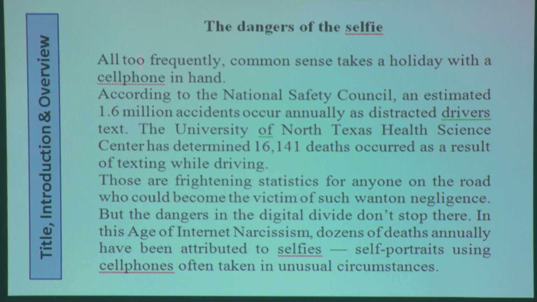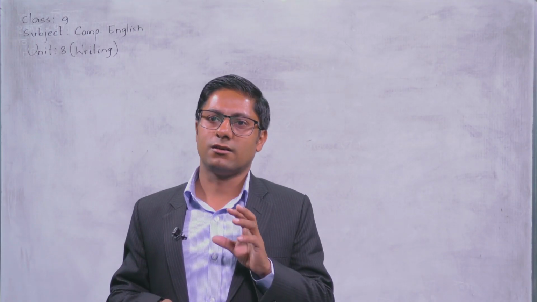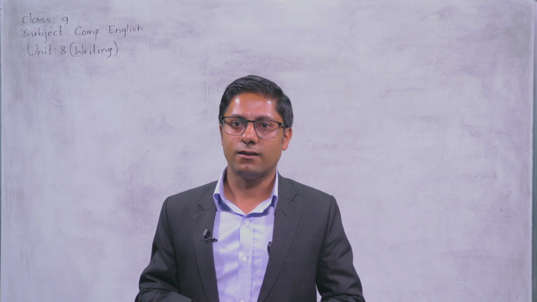Similarly, the first two paragraphs are mainly related to the introduction, and the third one gives you the overview of the whole article, what you are going to deal with in it. This part is very important because the next part of your writing will be suggested by the first part presented here.